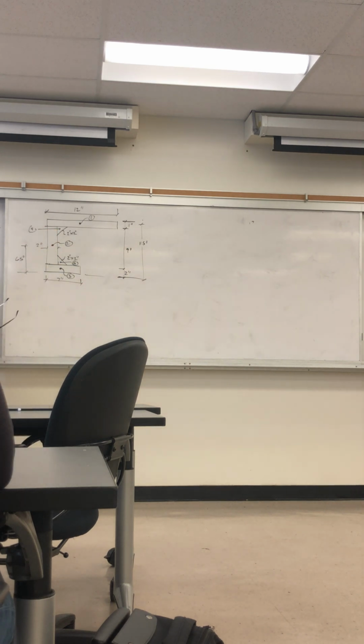So it's 9 plus 2 plus half of 1. Let's determine X bar. That's the distance out to the composite centroid.